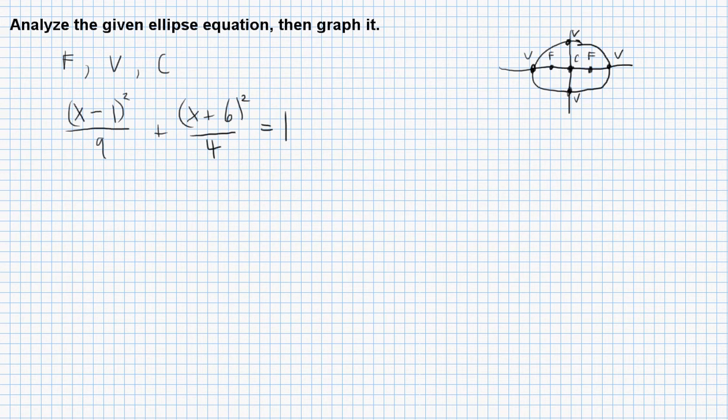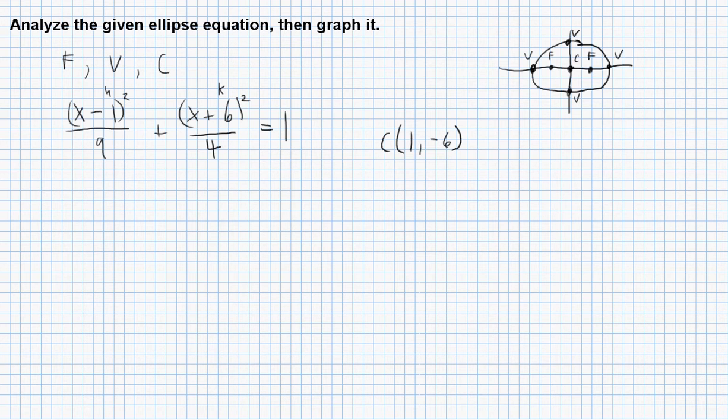So we're given the equation on this one, and what we have to do is use the equation to find out the information we want. Well, first off, we can see that h and k is the center point. So the center immediately we can see is going to be 1 comma negative 6.